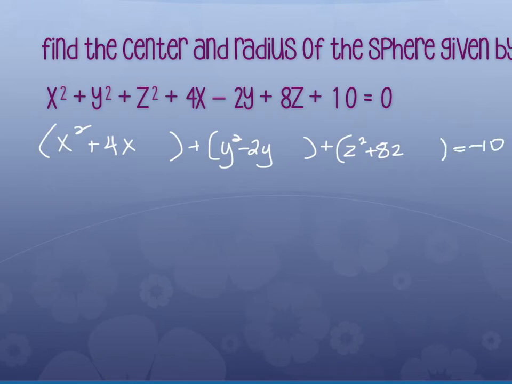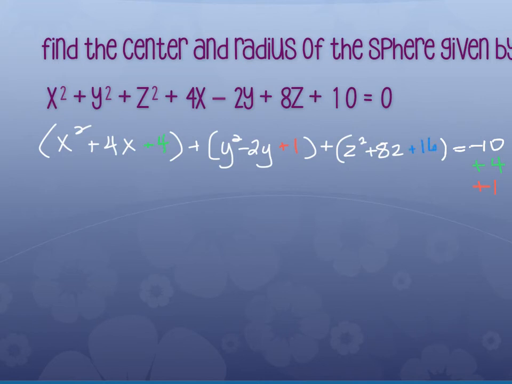And then I want to complete the square for each one. So take the 4, divide it by 2. It's 2 squared, it's 4. Add it here and here. Take the 2, divide it by 2. It's 1 squared, it's 1. Add it here and also here. Take the 8, divide it by 2. It's 4 and square it.